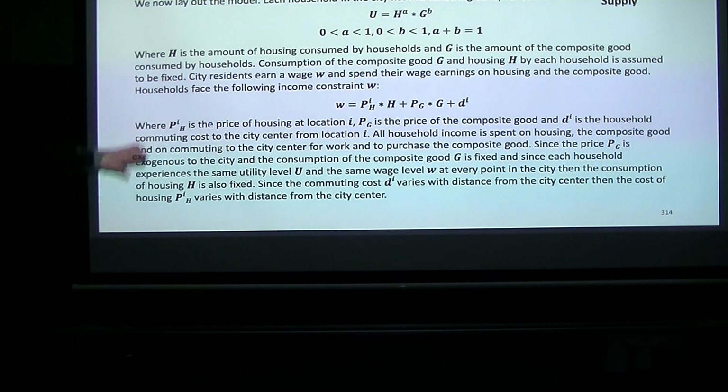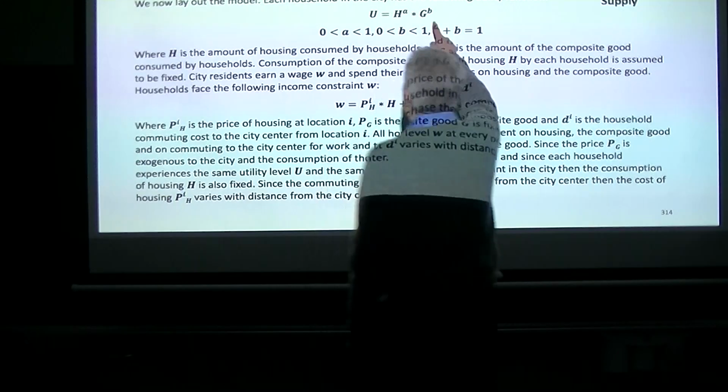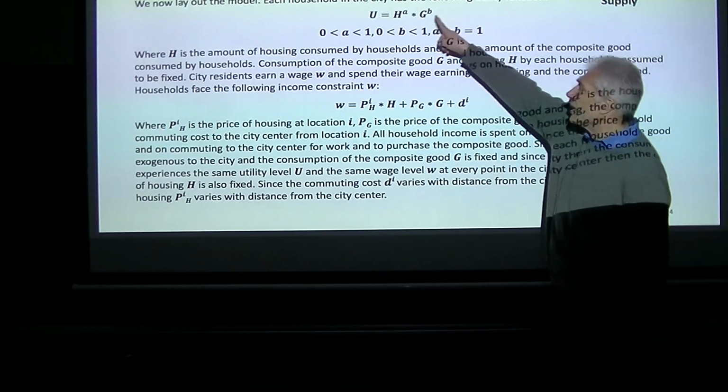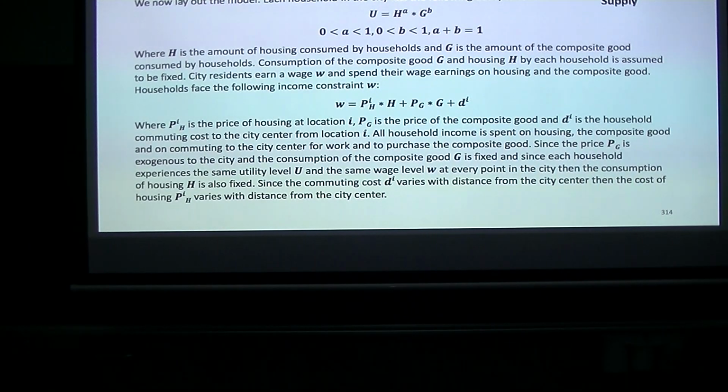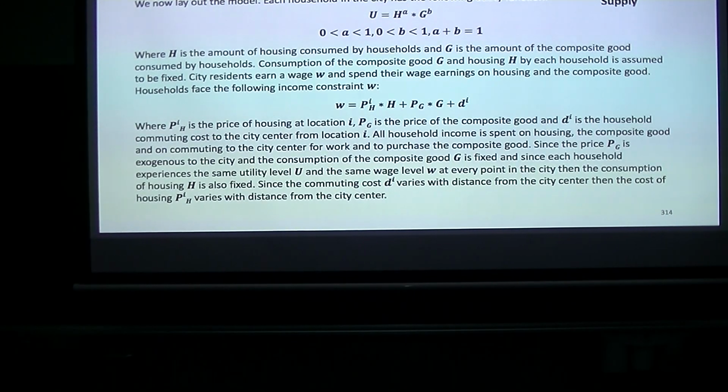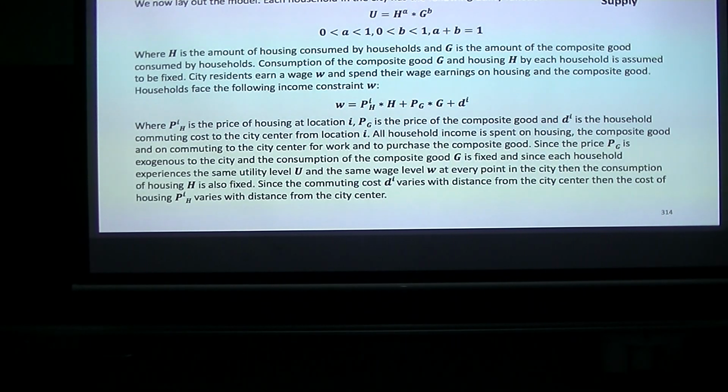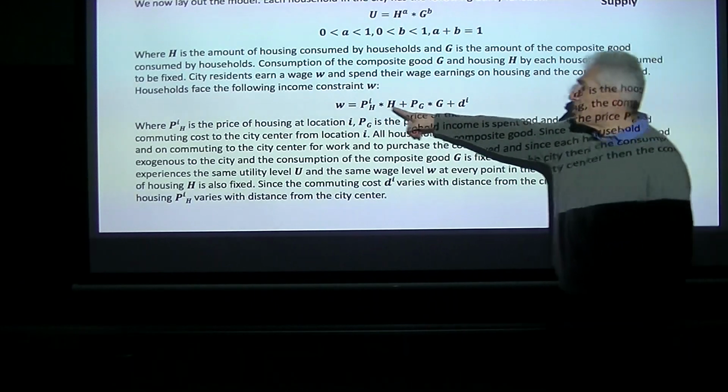This is the layout of the model, the assumptions of it, the utility function. There it is, Cobb-Douglas. I'm sorry, it's a constant returns model. We have the income constraint that's based on wages.